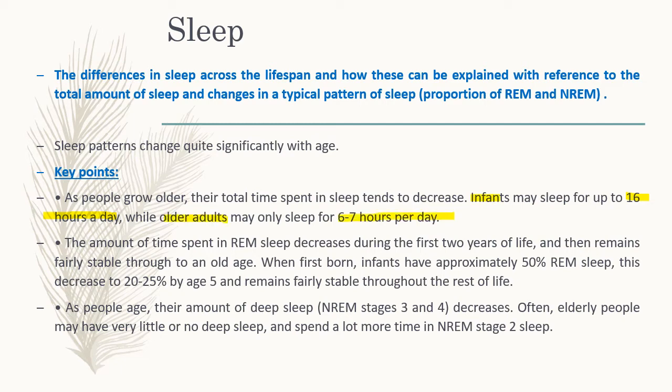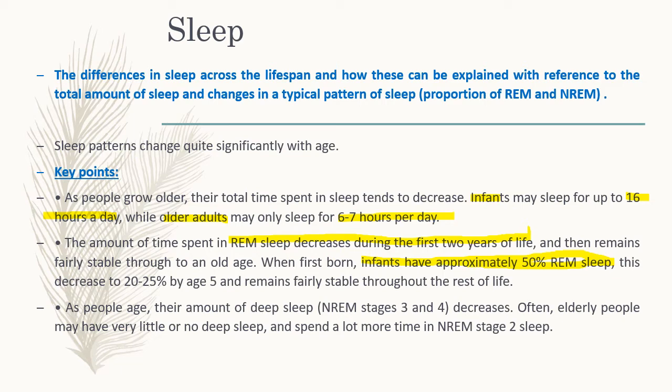The amount of time in REM sleep decreases during the first 2 years of life and remains fairly stable through to old age. Usually it's around 20 to 25%. Elderly is usually around 22%. When you're in infancy, it's usually 50%. And that's the question that VCAA likes to ask about the REM cycle.